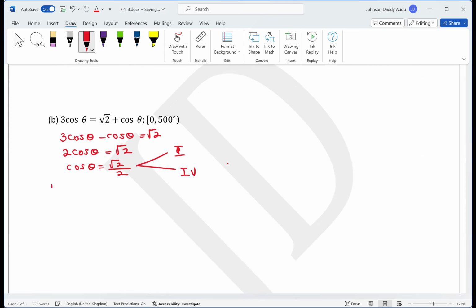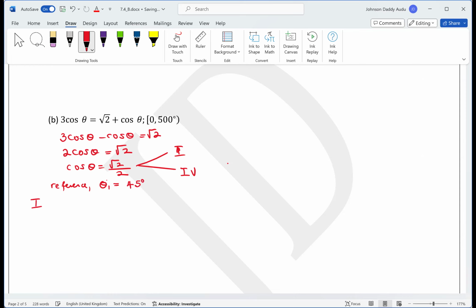But first of all, you find your reference, which you can call theta 1, or theta star. Let's call it theta 1. So theta 1 is going to be 45 degrees, right? Because we have root 2 over 2.